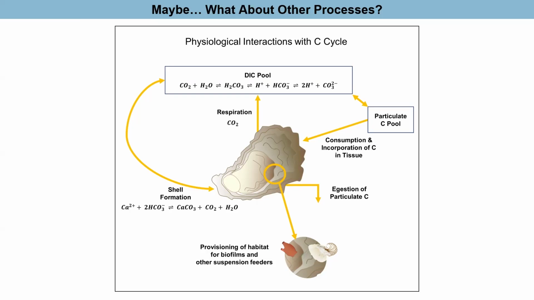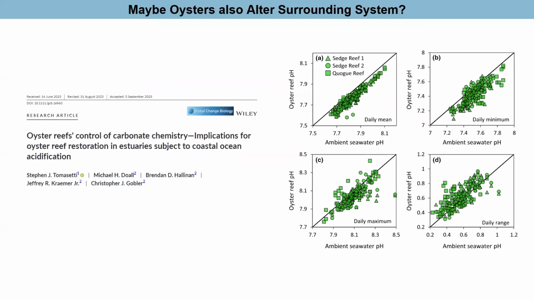We're interacting with the DIC pool through respiration, consumption, incorporation into carbonate tissue, or provisioning habitat for other organisms that are doing similar things. And I'm not going to get too much into this, but I found this really exciting study that came out last year, looking at how an oyster reef might control the carbonate chemistry in the ecosystem there.